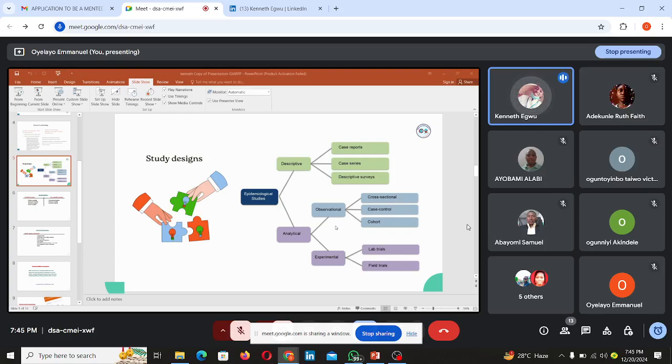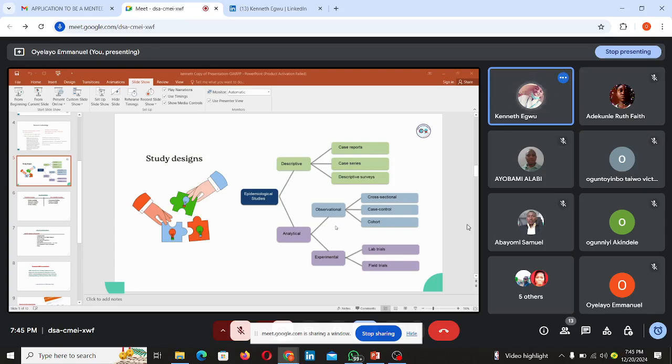So in observational, you are studying a particular group, but you are not making any intervention that will change the outcome of that group. For instance, if you are conducting a survey on people's knowledge about antimicrobial resistance, and you are doing a cross-sectional survey, you are not doing any intervention that will affect the outcome of your results.